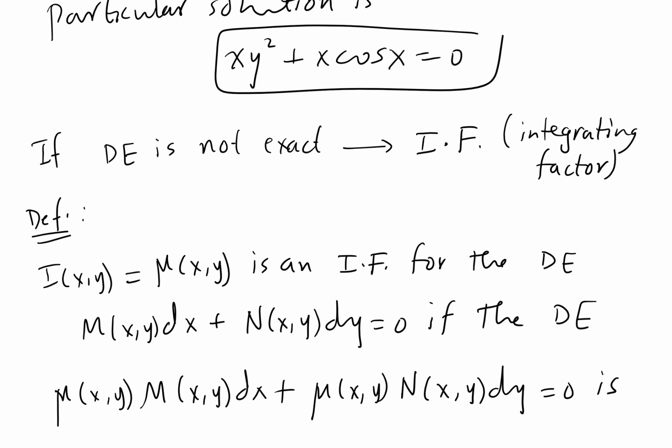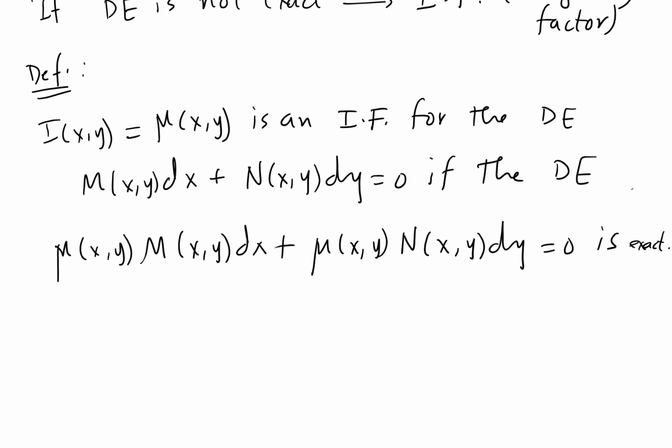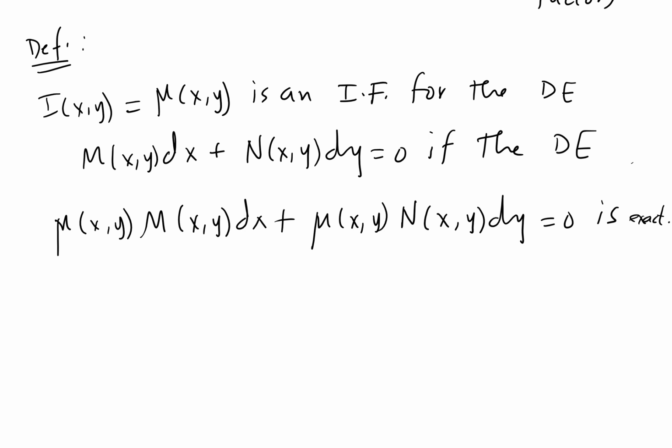So in other words, if you take a non-exact equation and multiply it by the integrating factor, it converts the non-exact equation into an exact equation.